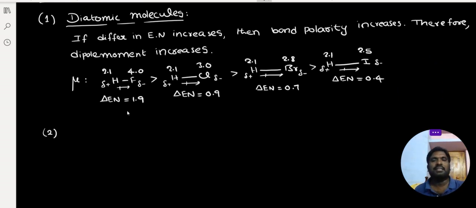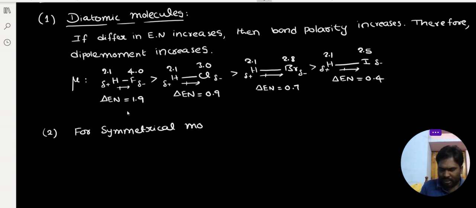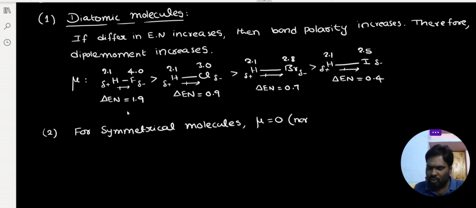Now the second application: symmetrical molecules. For symmetrical molecules, the dipole moment is 0, mu value 0. Mu value 0 means a non-polar molecule.